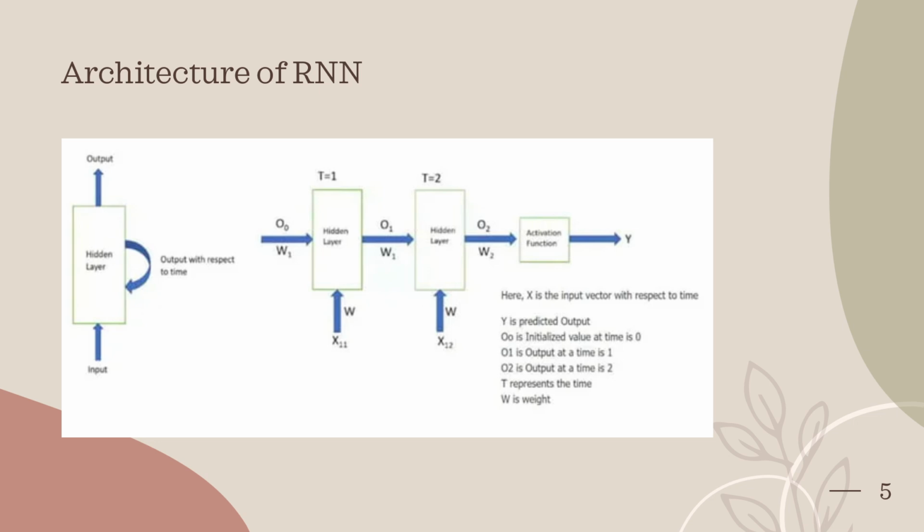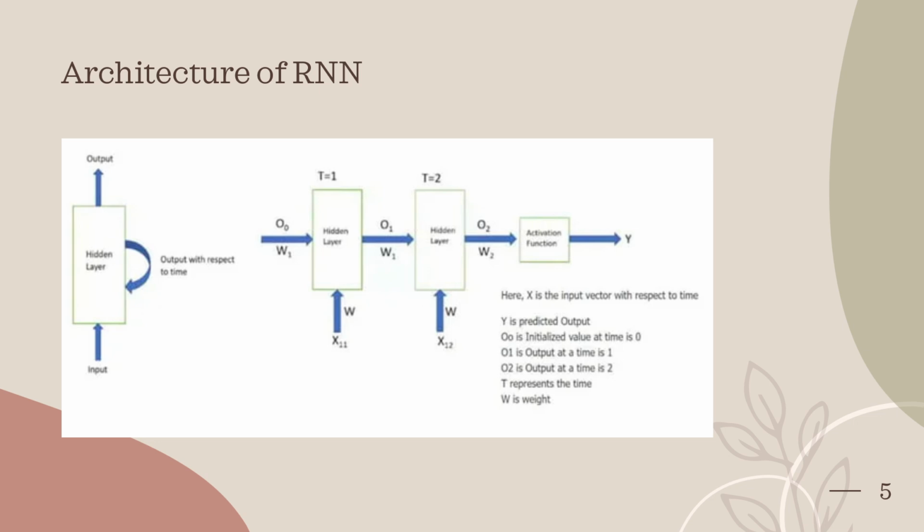So here is the architecture of the neural network, which consists of an activation function through which we apply the weights and biases to return an output, denoted by y, considered at different times t1, t2. This is the basic architecture of RNN.